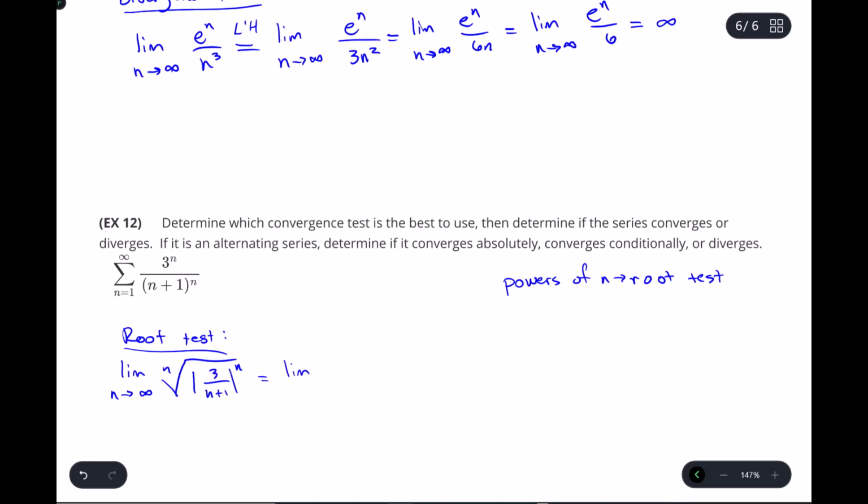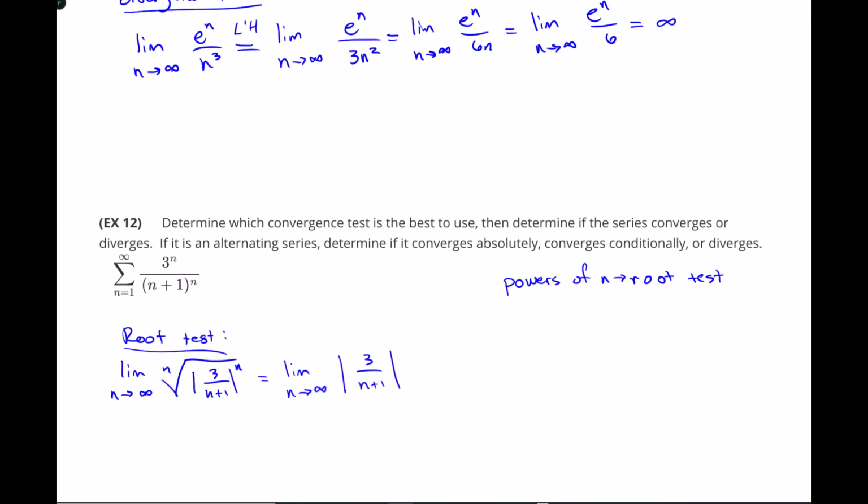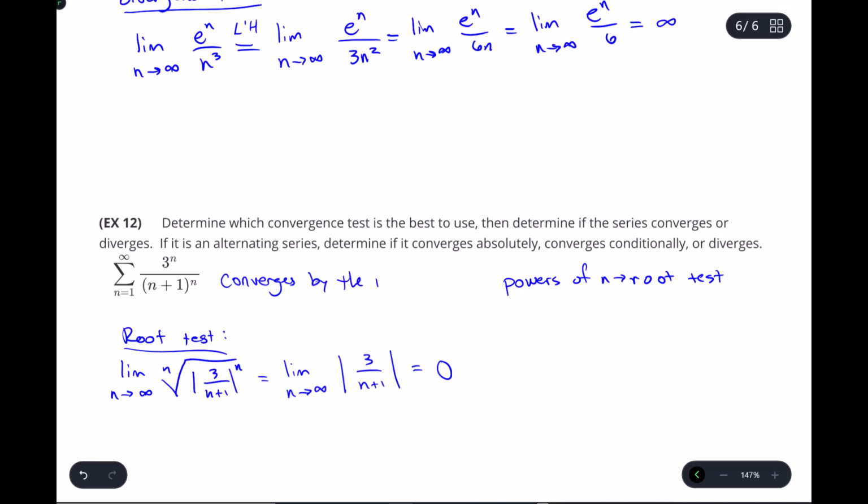The nth root and the nth power cancel each other out, leaving me with absolute value of 3 over n plus 1. And the denominator is changing. Numerator is constant, so the value of this would go to 0. And when the value of this limit goes to 0, that tells me that this series converges by the root test.